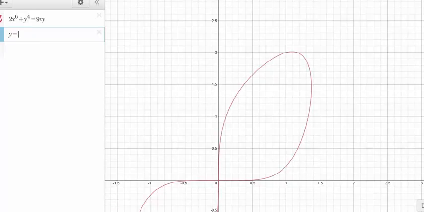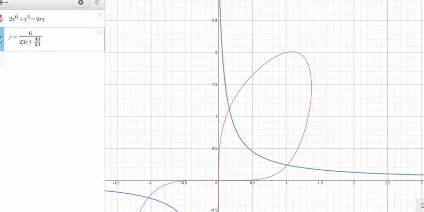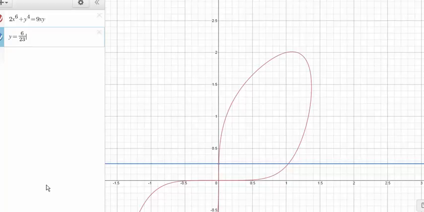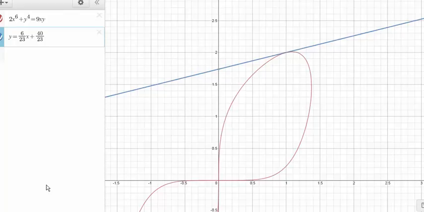So we had y is equal to 6/23 x plus 40/23. Oops, we don't want that guy down on the bottom. And there it is. And you can tell that these two guys both connect at (1, 2), or they intersect there.